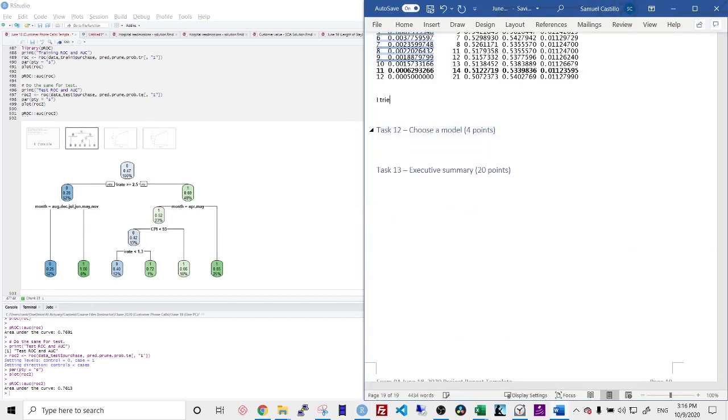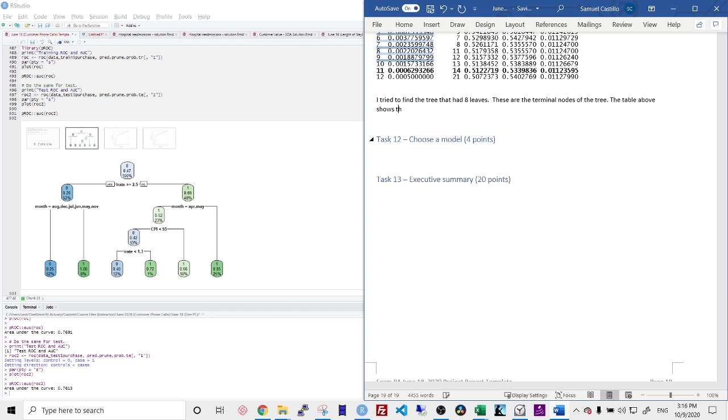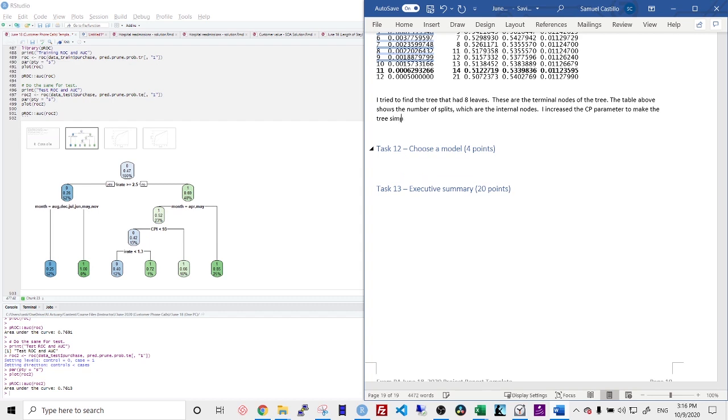So I tried to find the tree that had 8 leaves. These are the terminal nodes of the tree. The table above shows the number of splits, which are the internal nodes. I increased the CP parameter to make the tree simpler and reduce the number of leaves.